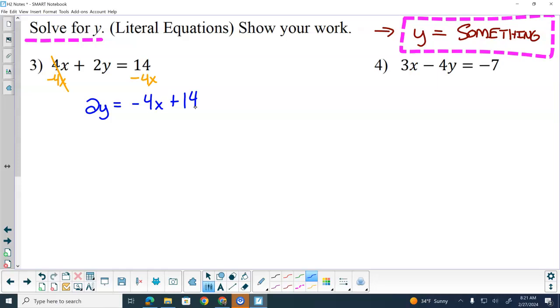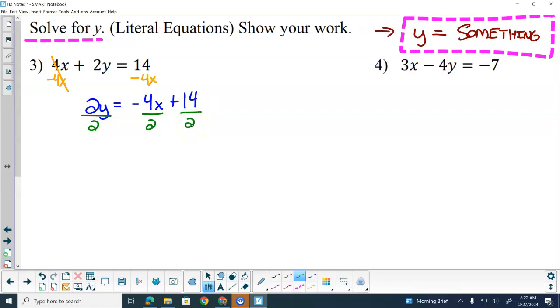2. Okay? All right, so now here's the tricky part. If I divide there by 2, I've got to divide here by 2, and I've got to divide here by 2.